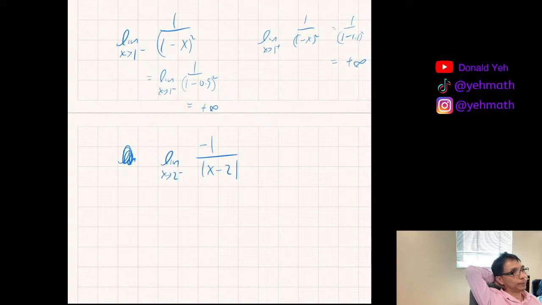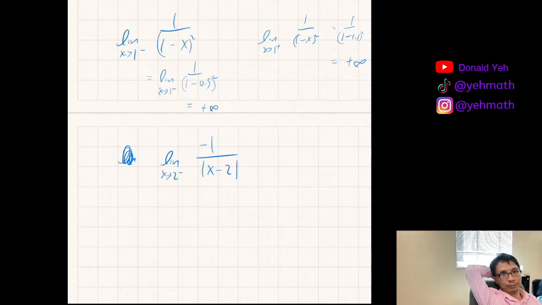Sean, what do you think? It would be positive infinity. Yeah, positive infinity. Omar, what do you think? Because it would be a negative on the top. Oh, that's right. That's absolutely right.